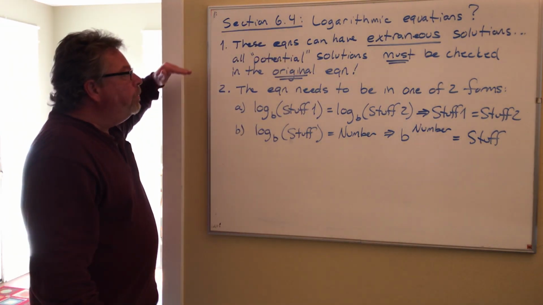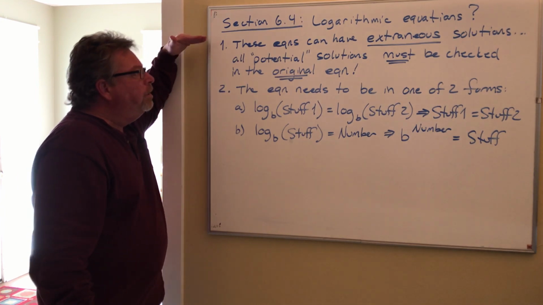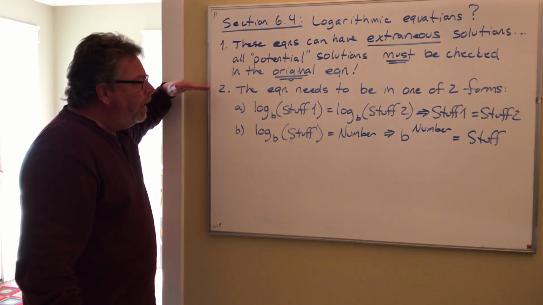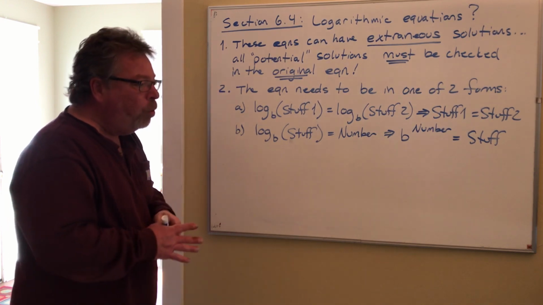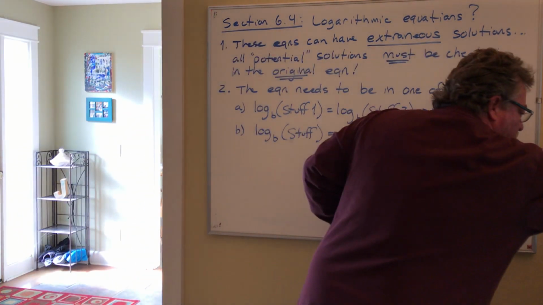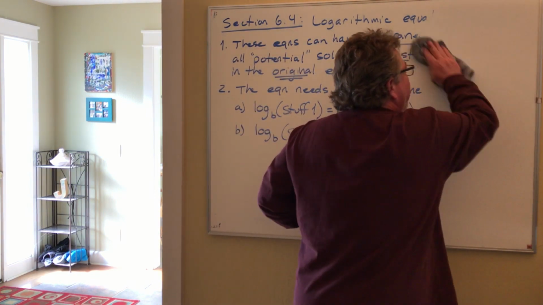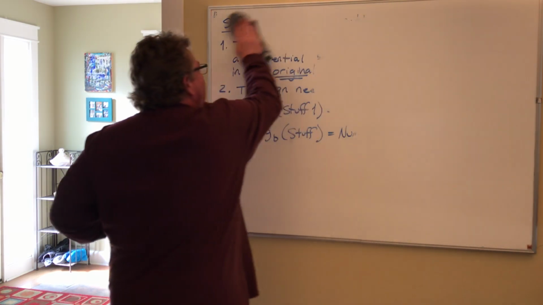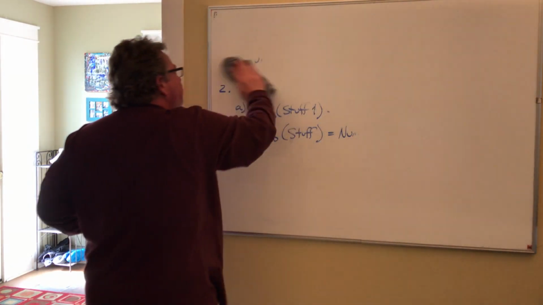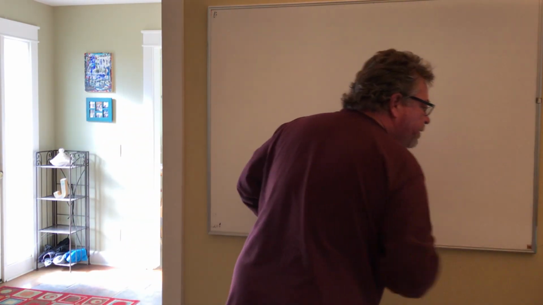So please keep those two things in mind. We're going to have to protect ourselves against extraneous solutions, and we're going to have to be working with an equation that is in one of those two forms. So what I want to do is take you through, I think I have about 6 examples that I want to look at to illustrate the issues that we face here.